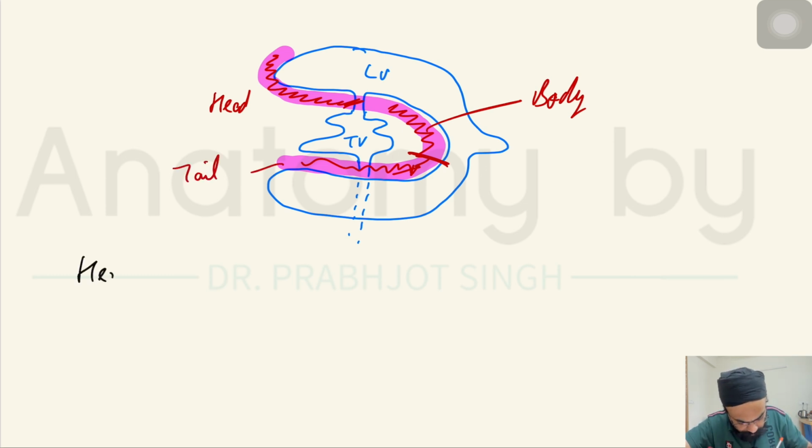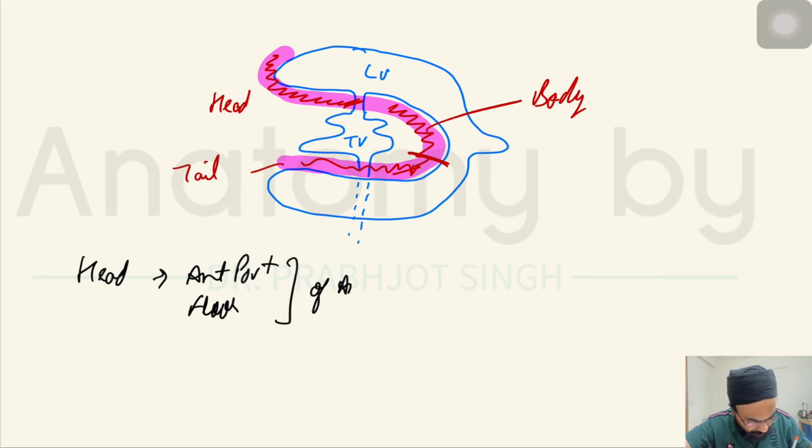So the head is forming the anterior part and floor of the anterior horn of lateral ventricle.